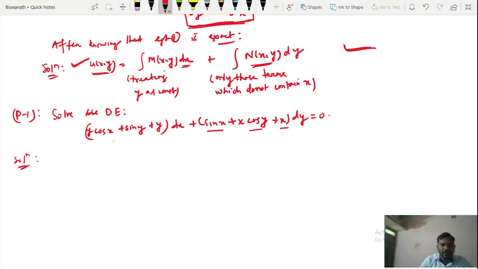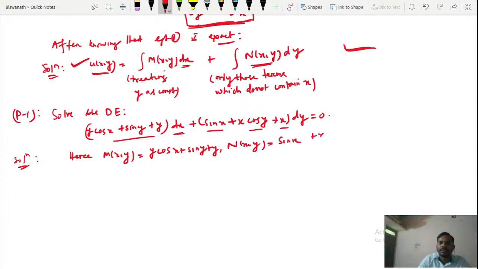If the problem is this one, then what is your m of xy and n of xy? Here m of xy is the coefficient of dx, so your m of xy is y cos x plus sin y plus y. Similarly, your n of xy is sin x plus x cos y plus x.